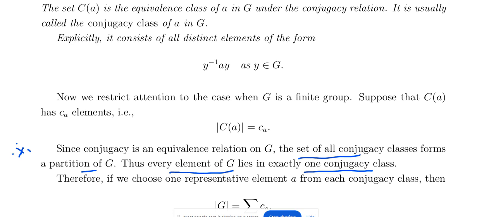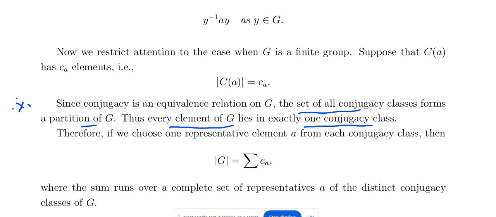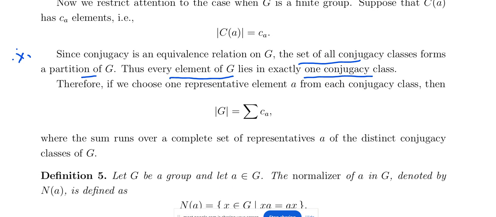And if we choose one representative element A from each conjugacy class, then the number of elements of G is the summation of CA.